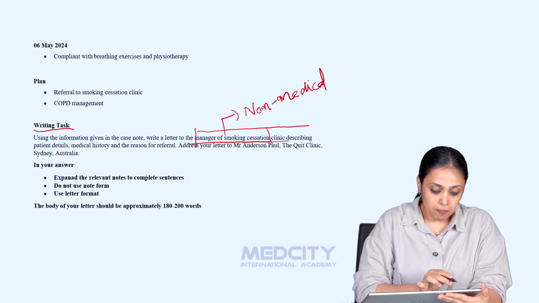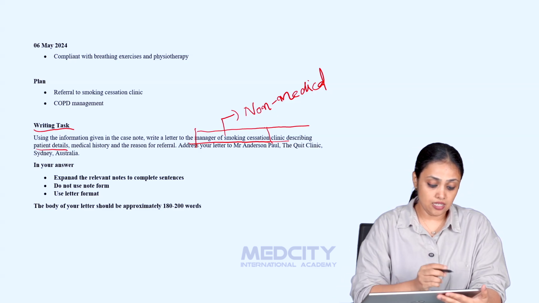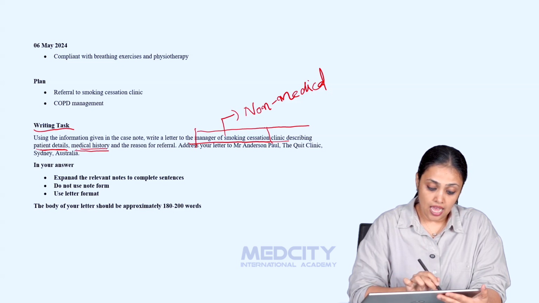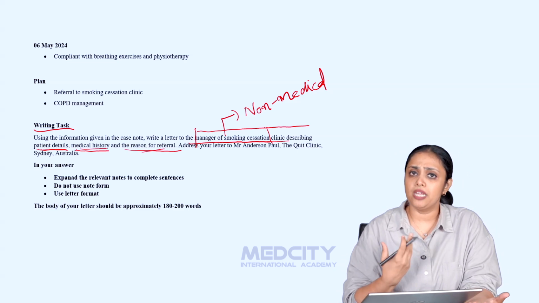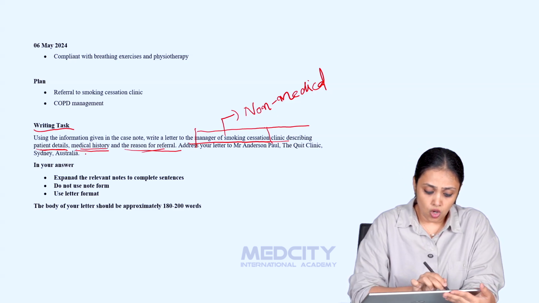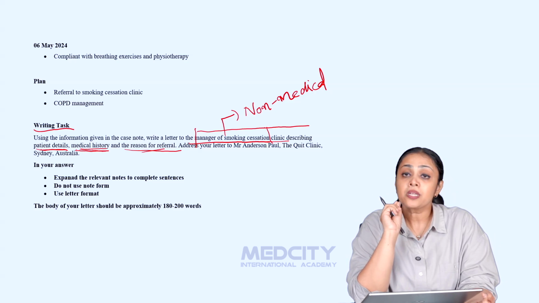Now describing patient details. What are the aspects that we have to include in our letter? Patient details, then medical history and the reason for referral. Of course, the relevant patient details are to be included in the letter. Now despite being a non-medical person, here the writing task says that you have to include the medical history.